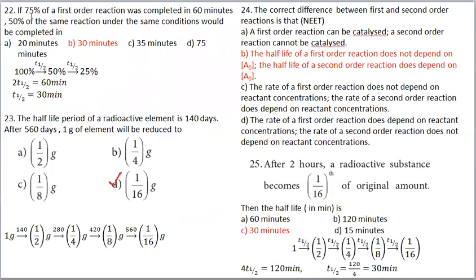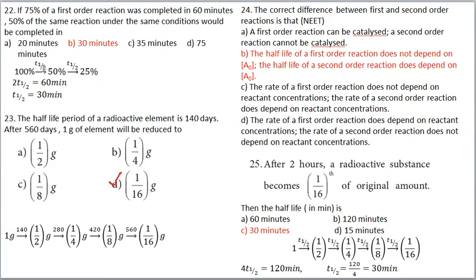Then question number 22. If 75% of a first order reaction was completed in 60 minutes, so remaining is 25%, the final concentration. Then 50% of the same reaction under same conditions would be completed in how much time? That is, what is the half-life period? Initial quantity we can take 100%.